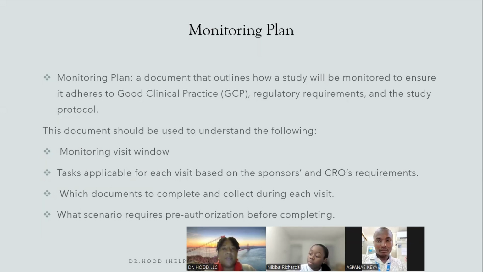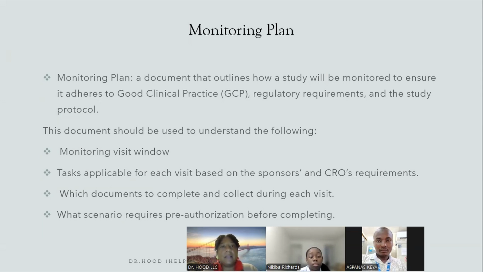Sometimes you'll have an SIV and you're required to initiate the investigational product. And sometimes you'll have an SIV where the drug should already be there and you need to do an inventory check. Some monitoring plans indicate you have to be on site within 7 days of the first randomized patient.